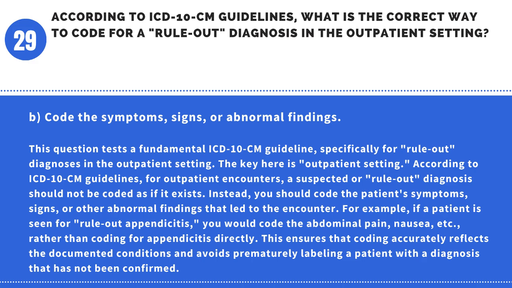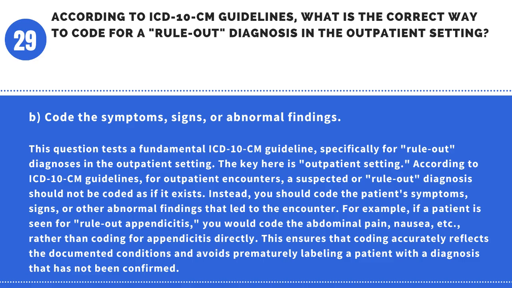This question tests a fundamental ICD-10-CM guideline, specifically for rule-out diagnoses in the outpatient setting. The key here is outpatient setting. According to ICD-10-CM guidelines, for outpatient encounters, a suspected or rule-out diagnosis should not be coded as if it exists.